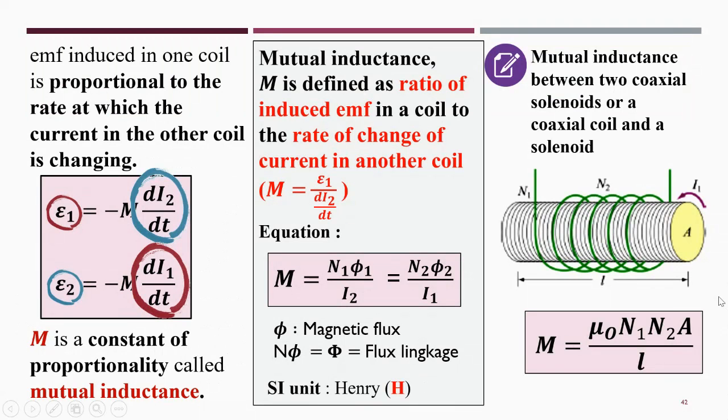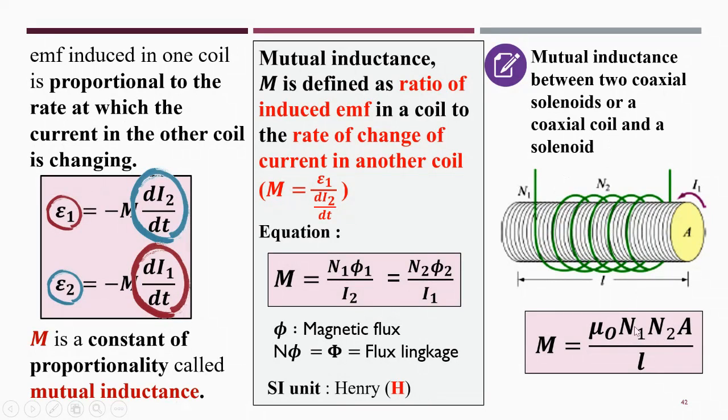Now let's look at the mutual inductance between two coaxial solenoids, or a coaxial coil and a solenoid. The equation is given as mu naught N1 N2 A divided by the length of the solenoid. Mu naught is the permeability of free space, N1 is the number of turns for coil 1, and N2 is the number of turns for coil 2.